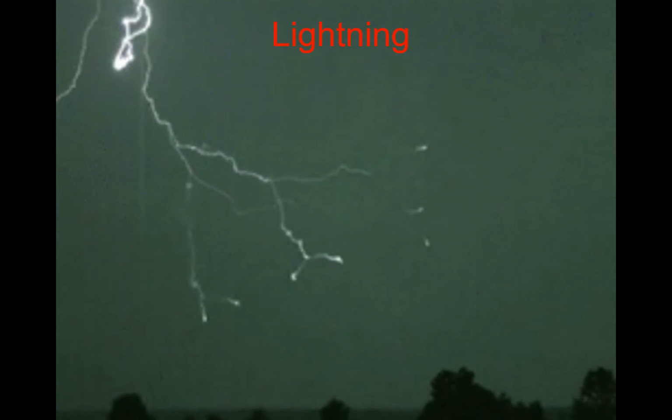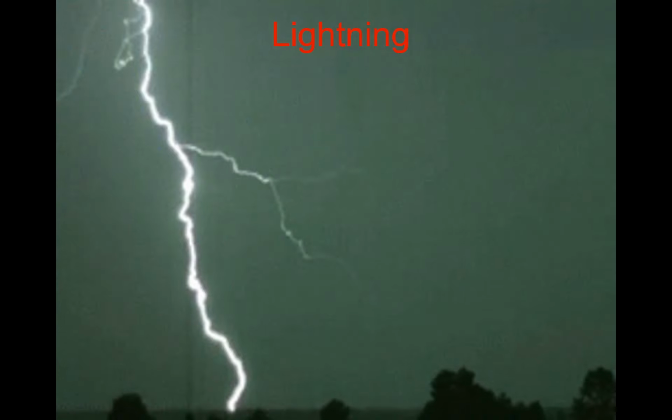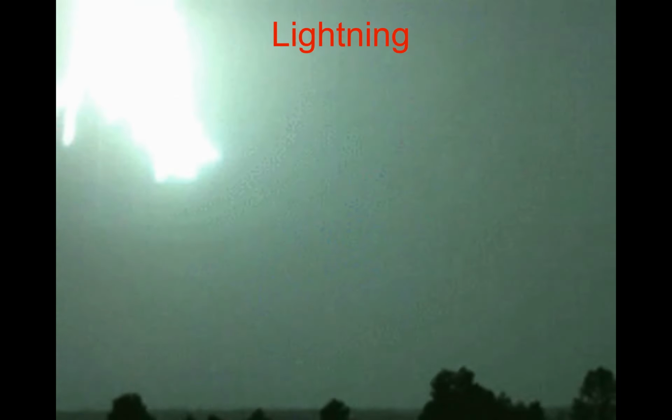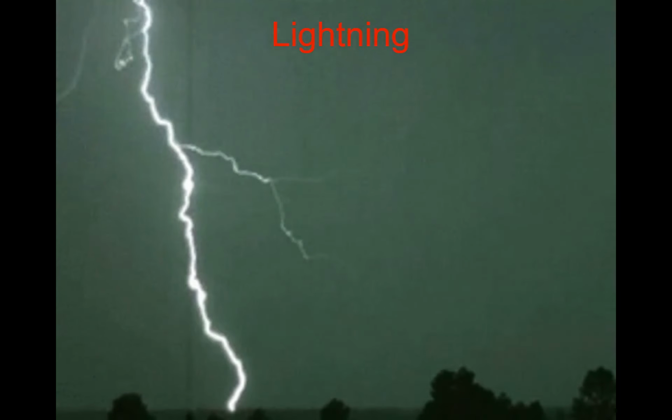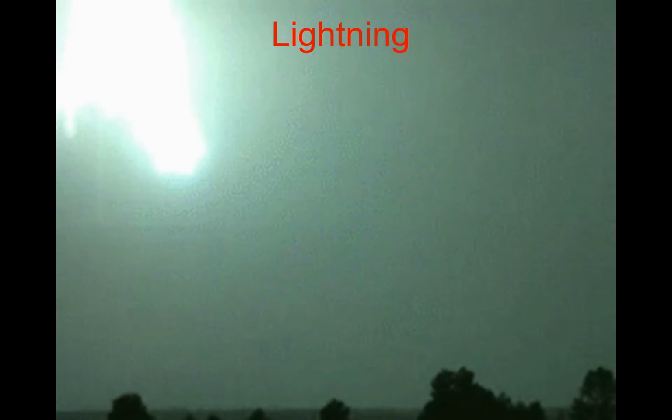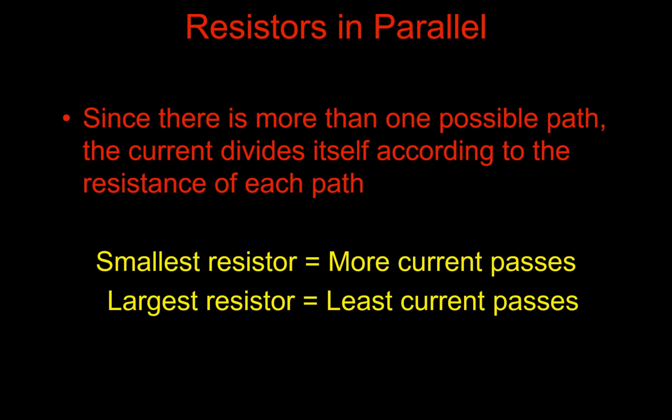But just like lightning, if we put electricity through a circuit, more current will follow the path of least resistance. The smallest resistor will get the greatest current moving through it. So that means the smallest resistor gets more current passing, the larger resistor gets the least current passing through it.